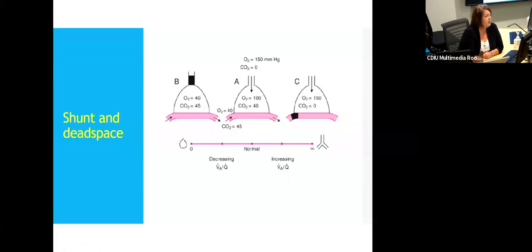We talk about shunt and we talk about dead space, and this is where the whole concept of VQ matching and mismatching starts to occur. Depending upon the school of thought, but we're going to talk about just the theory. You and I tend to breathe in O2. We end up with oxygen within our alveoli, within our lung, and we theoretically should have a little bit of CO2 that we're going to breathe out. Normally, this is the ventilation piece.